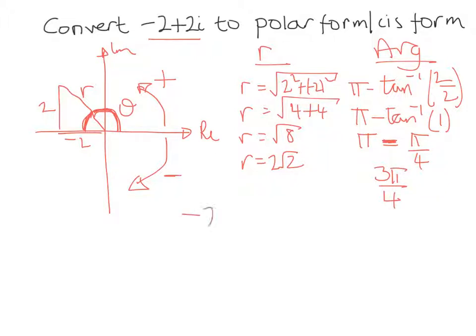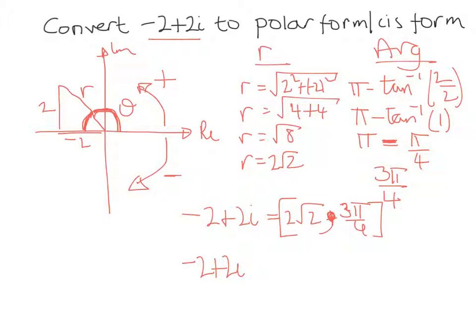So we could say minus 2 plus 2i is equal to 2 root 2, 3 pi over 4. Or we could say minus 2 plus 2i is equal to 2 root 2 cis 3 pi over 4.